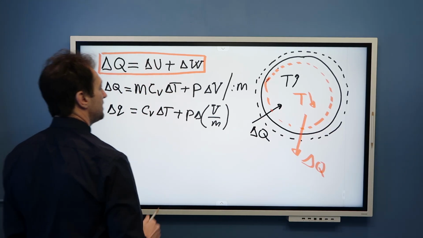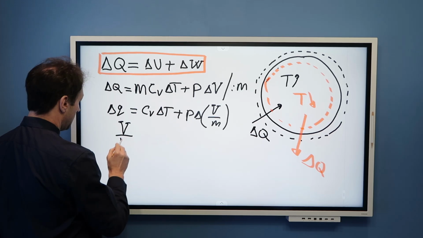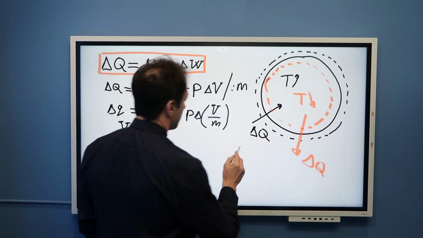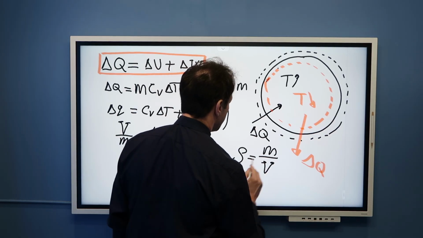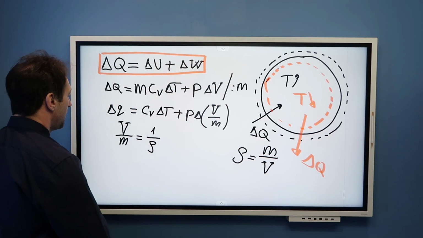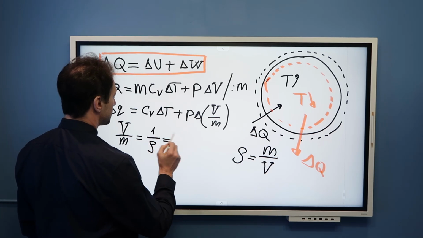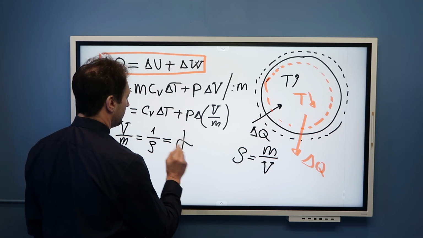But you know that V divided by m is equal to 1 over rho, density, because density is mass divided by volume V. And this 1 over rho in atmospheric sciences, we don't write 1 over rho, we write alpha.